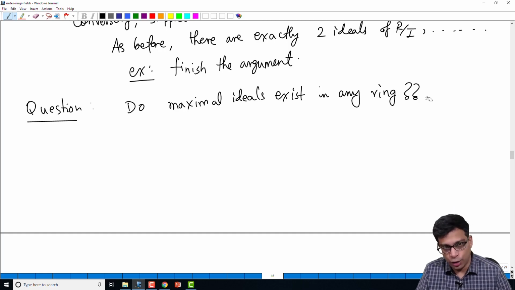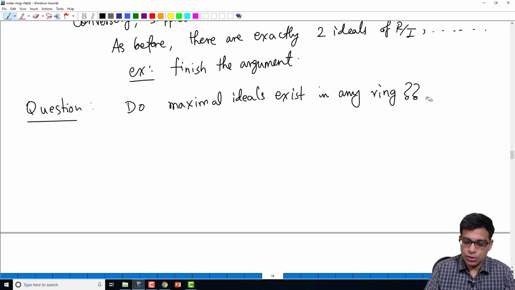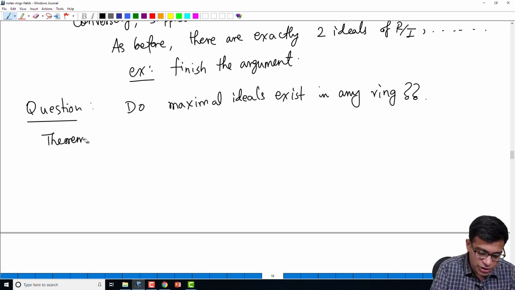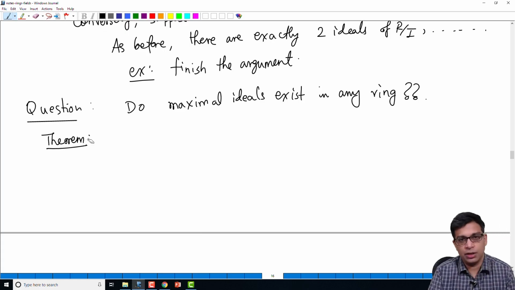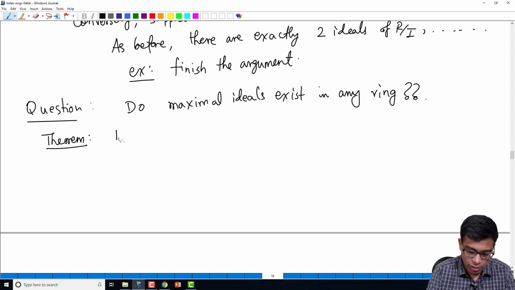If you show that they do, then certainly prime ideals also exist, because we know from the last video that maximal ideals are prime. This is a theorem which uses something called Zorn's lemma, which maybe you are familiar with. I am going to quickly recall it and prove it, but this is not really an important proof. The statement is important.